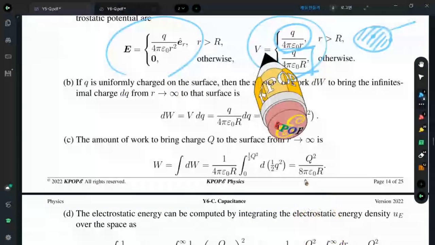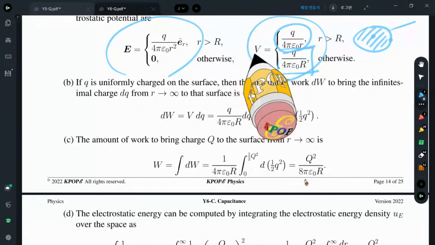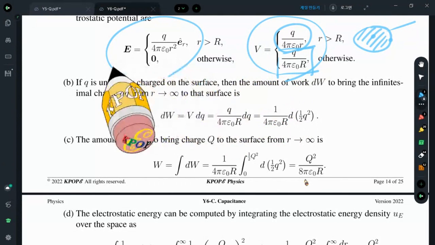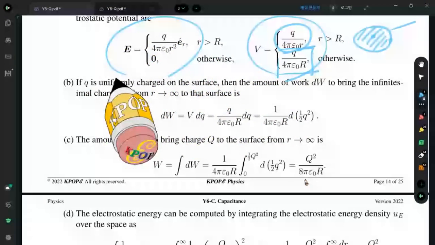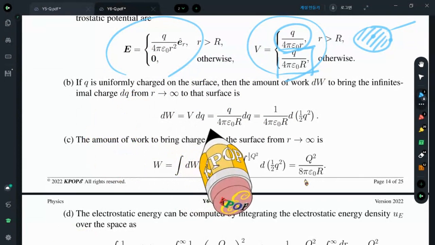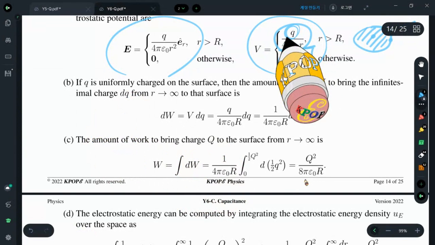And actually, the potential does not contribute to the electric field energy. The electric field energy should be evaluated as a volume integral. For the case of potential, we have to integrate over charge.